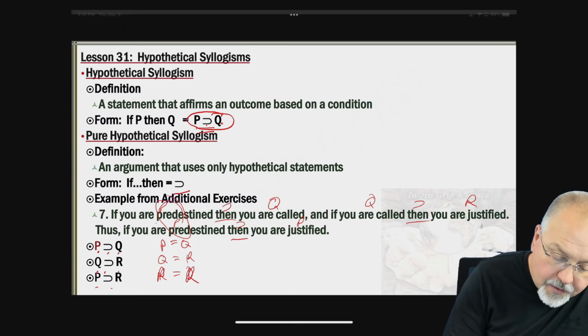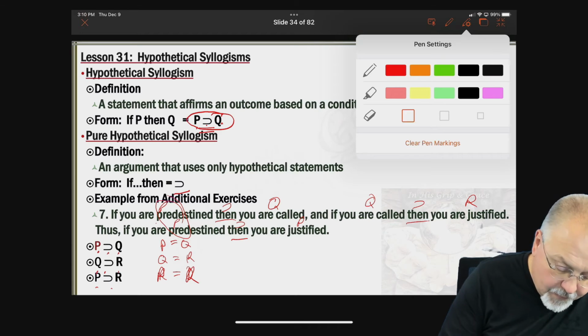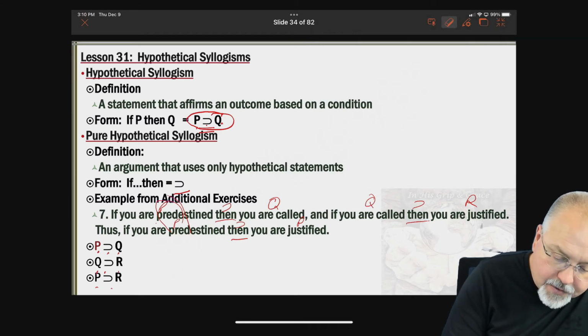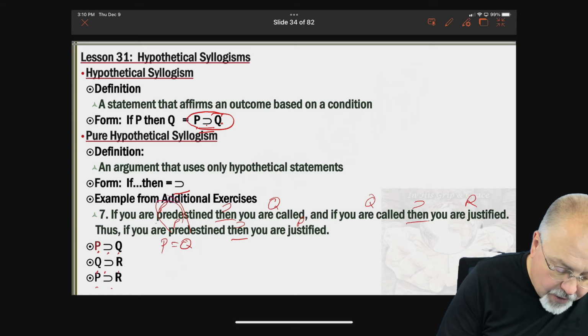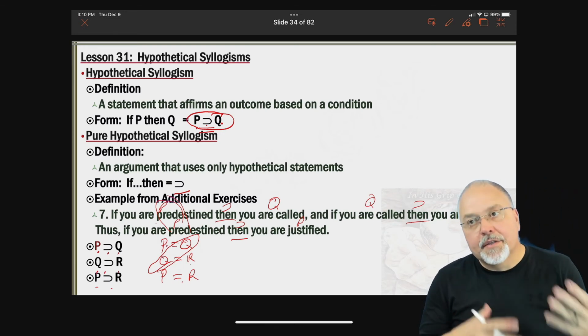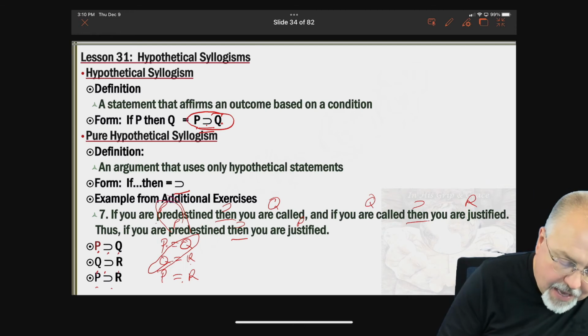Let me clean that up a little here. Let me write that again. Sorry about that. So if P equals Q, right, and Q equals R, then P equals R. Then what it's saying is that, look, if you have Q in common, then P and R are in common. But this is hypotheticals, but it's thinking in that way somewhat mathematically, okay?